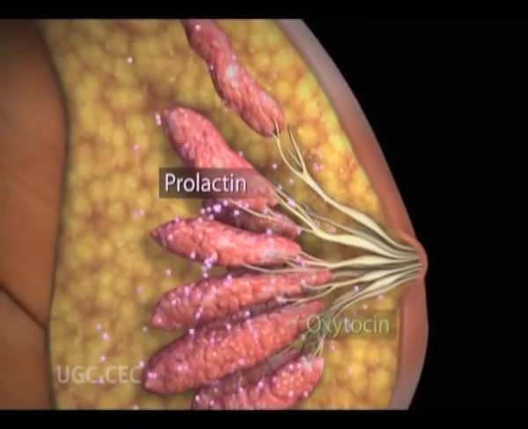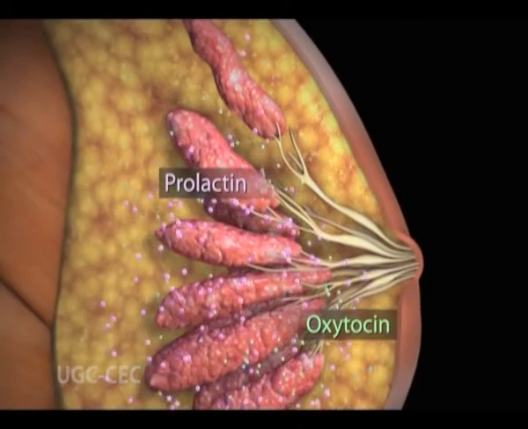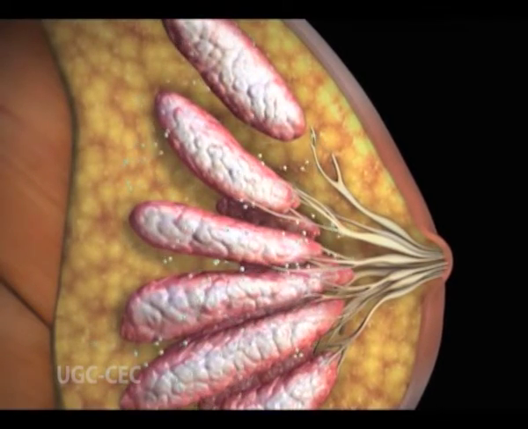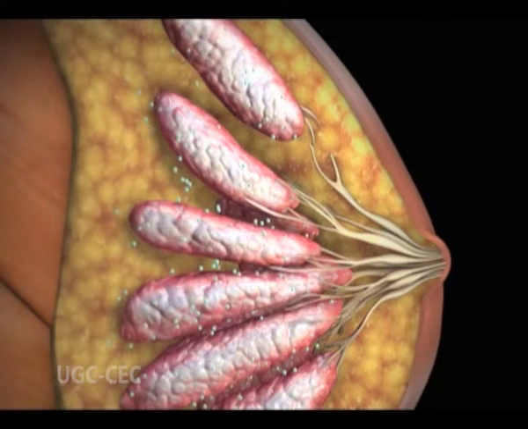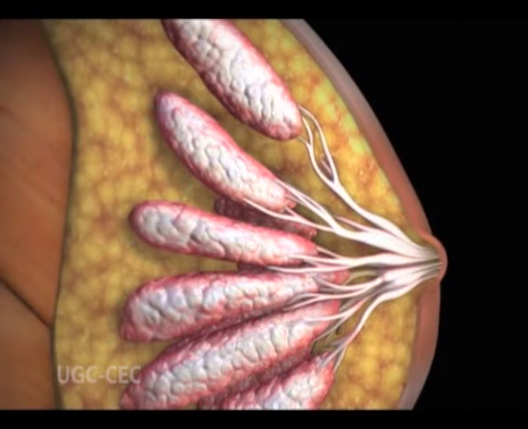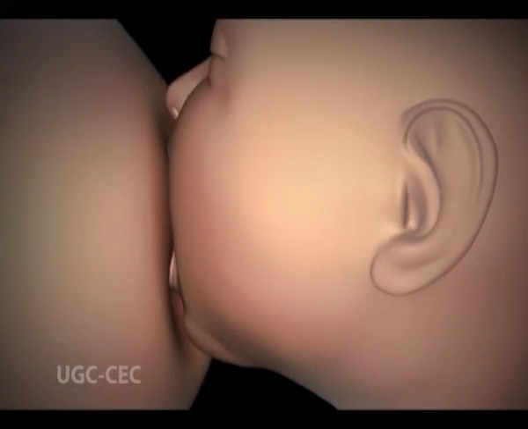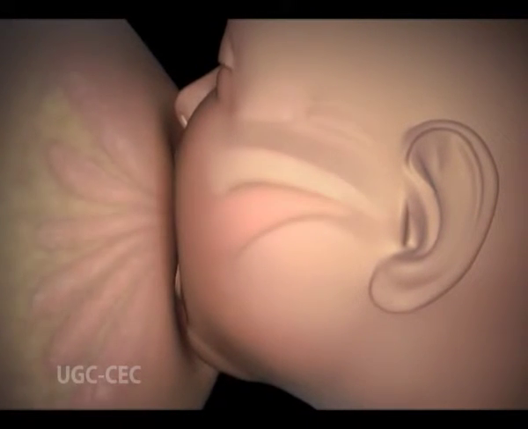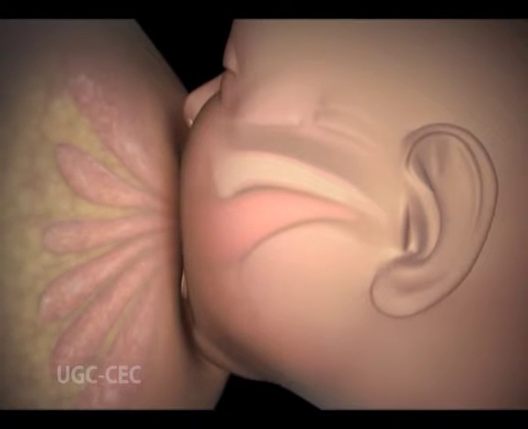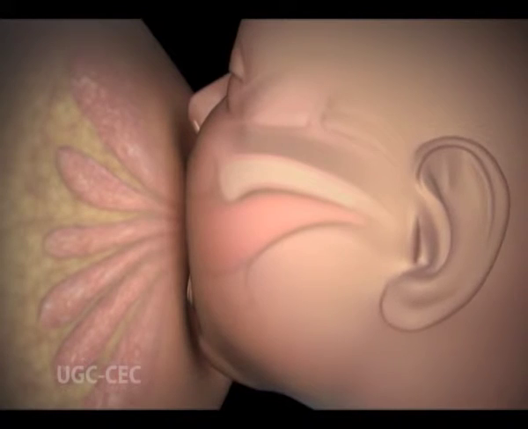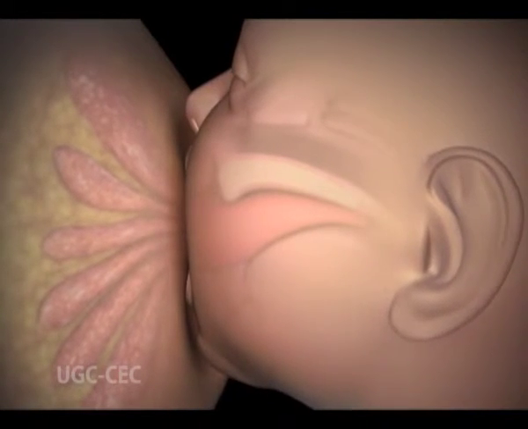The myoepithelial cells contract under the stimulation of oxytocin, excreting the milk secreted by alveolar units into the lobule lumen toward the nipple. As the infant begins to suck, the oxytocin-mediated let-down reflex ensues and the mother's milk is secreted, not sucked from the gland, into the baby's mouth.